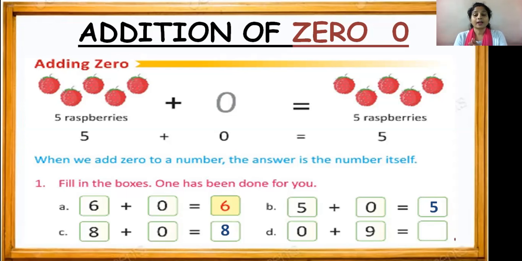So if you are adding 9 to 0, what will you get? The next number? No, the same number. Yes, we will get the same number. Now I think all of you understood about this addition of 0 and 1.